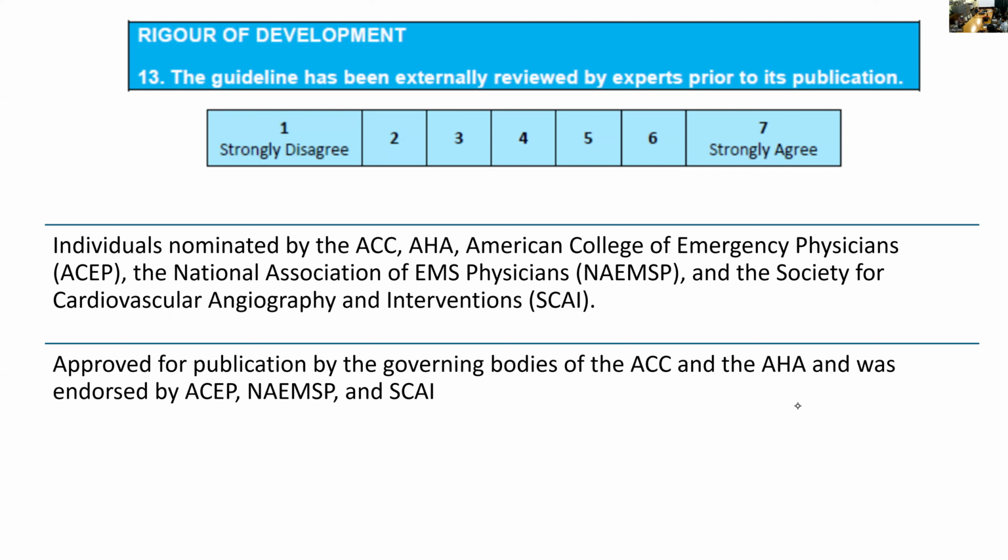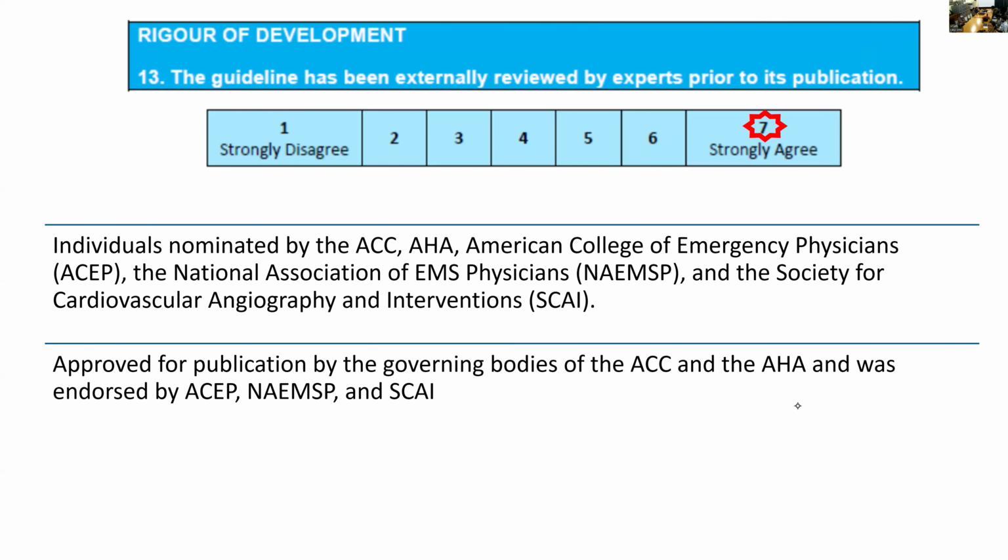Interestingly, they had only 2 appendices at the end of the guideline, and both of them were the names of the people in the writing committee and the peer review committee. I had actually cross-checked each of them, and there was no overlap, and they did not have any conflict of interest. So I had given them a 7.